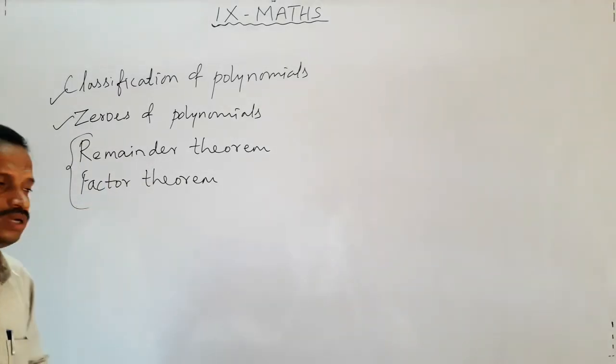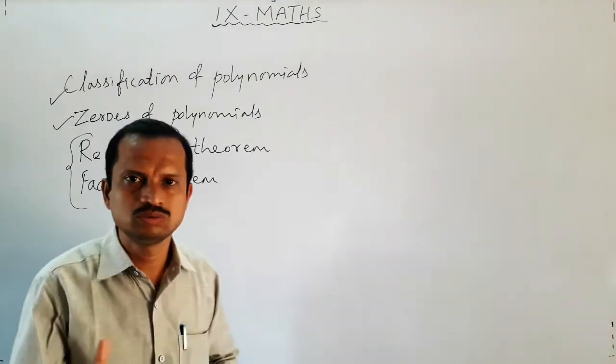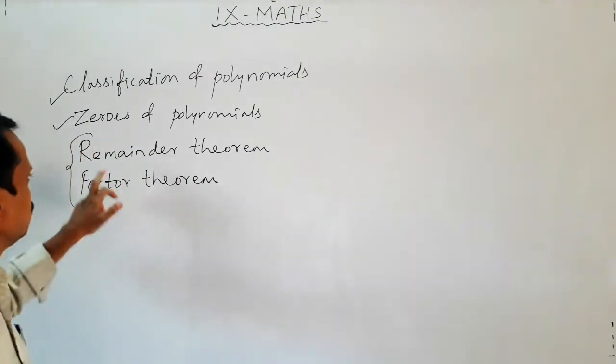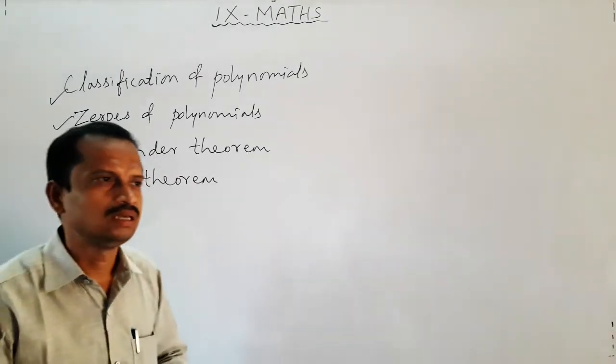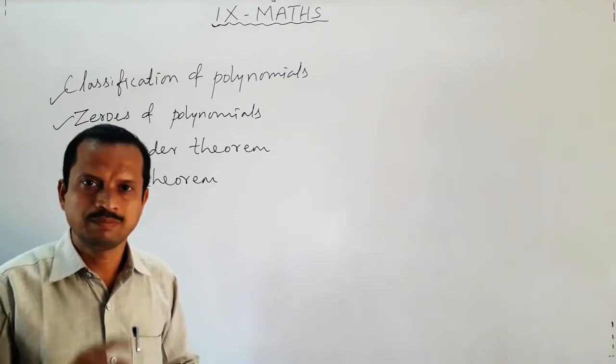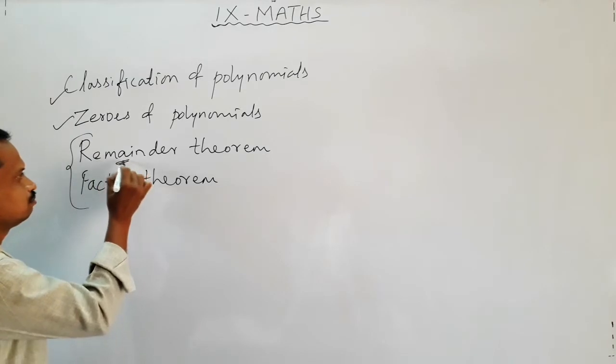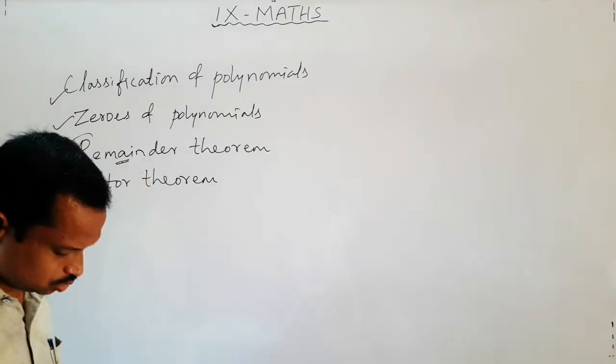Okay, so remainder, first of all I would like to tell you the spelling remainder. Most of the students write it wrongly as reminder. Here they are missing this A. So you should take care.